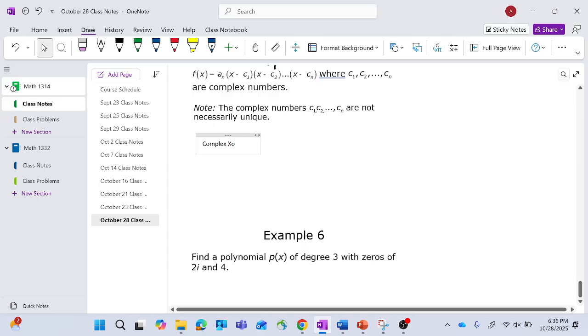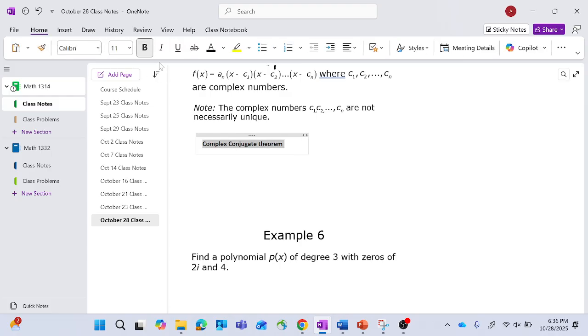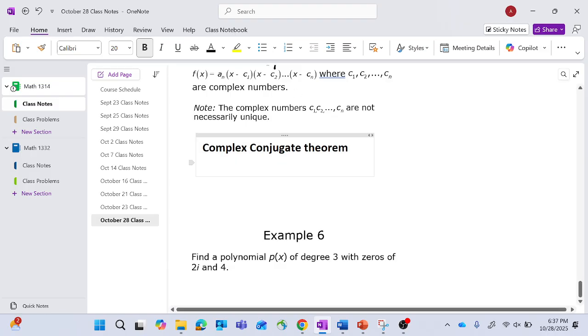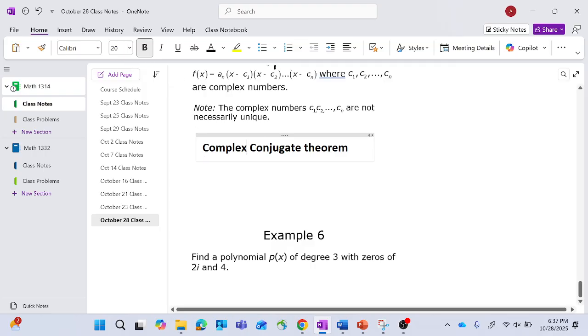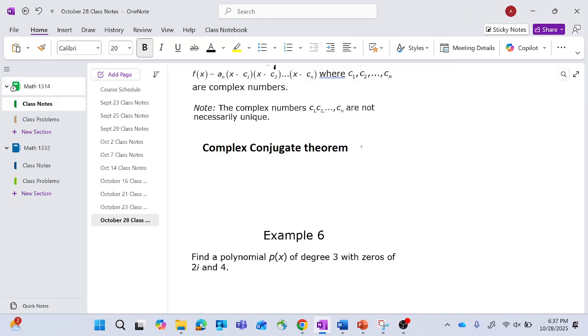So the complex conjugate theorem, what that says is that if you have some kind of complex number as a zero, like let's say you have a zero of, I don't know, 1 plus i.